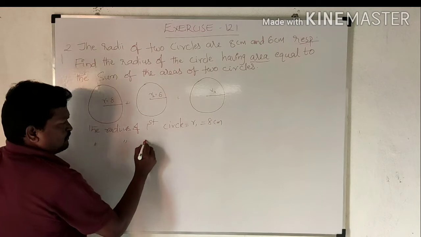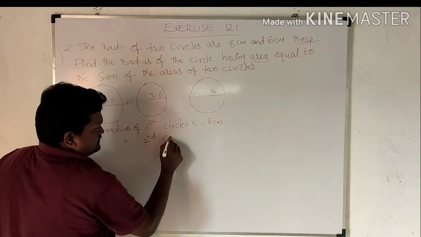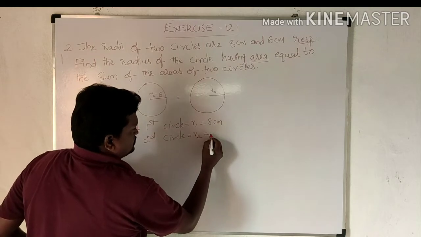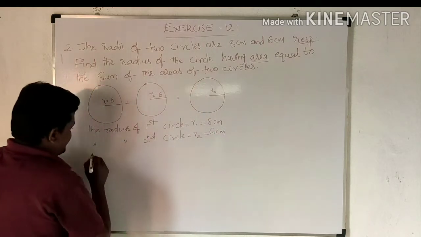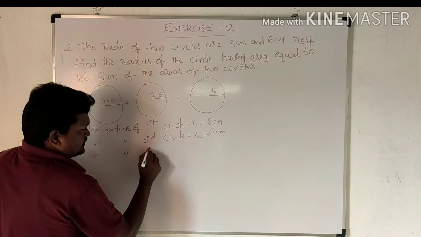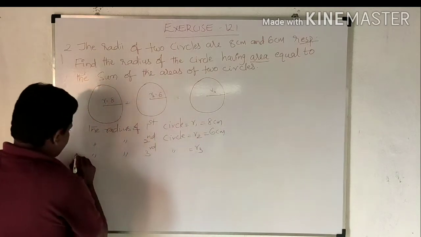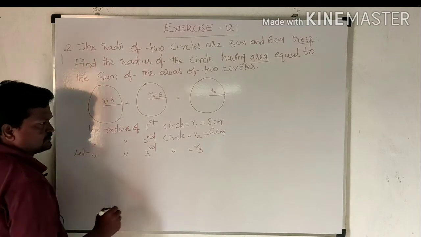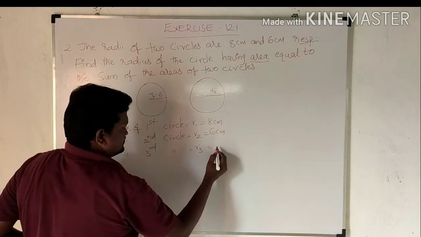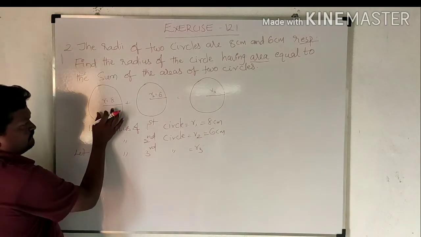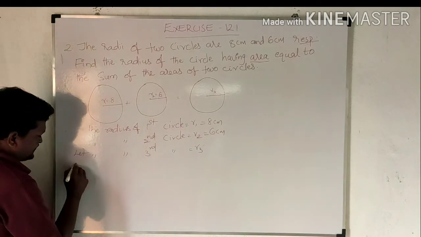Then the radius of the second circle is R2 equal to 6 centimeters. And the radius of the third circle, we don't know, so let it be R3. Now take the area of this circle and that circle.